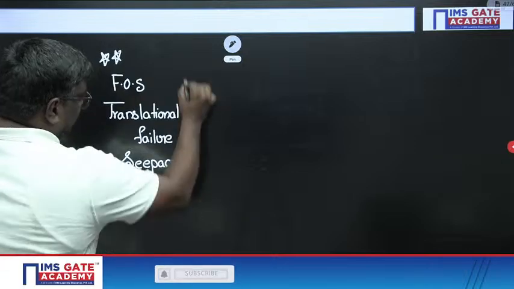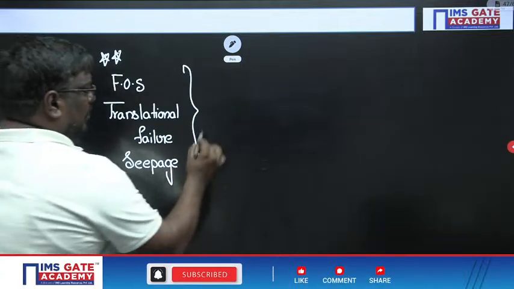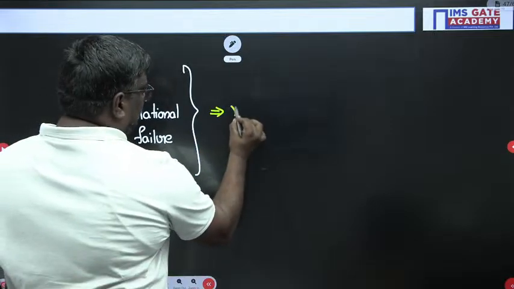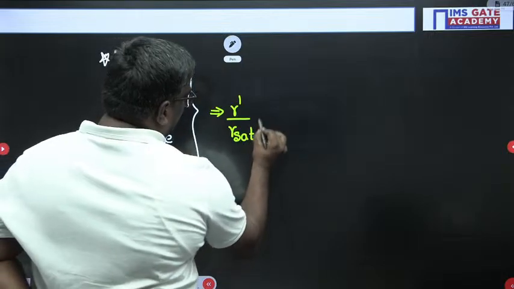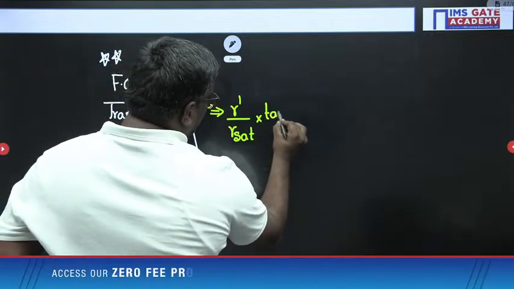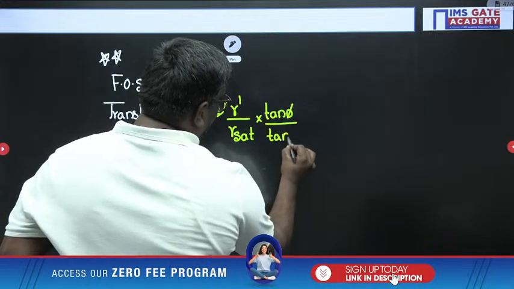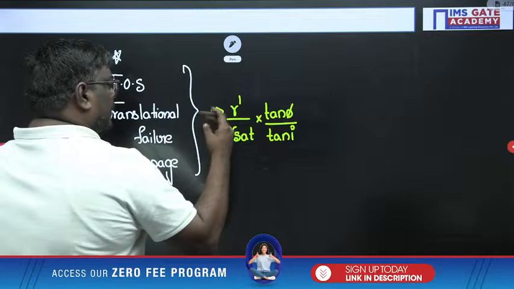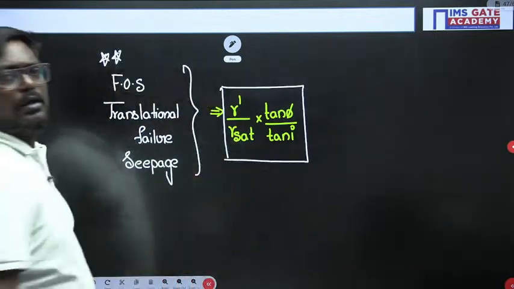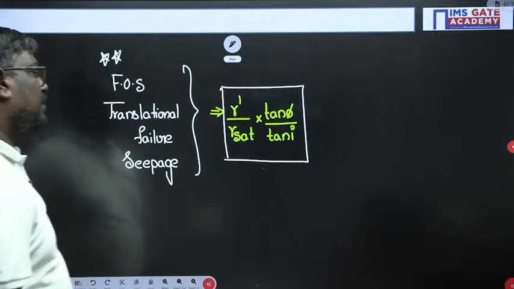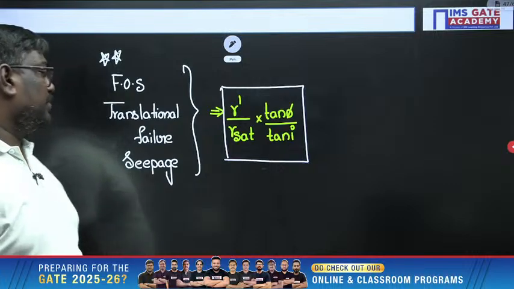The factor of safety for translational failure in case of seepage is given by the formula gamma dash upon gamma sat into tan phi upon tan i. Always gamma dash will be less than gamma sat. That you also have to keep in mind.